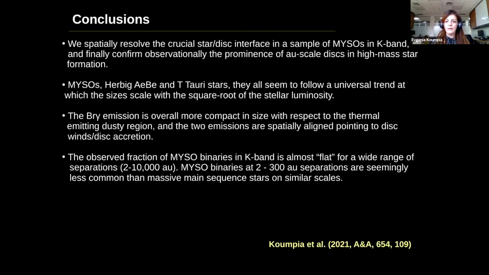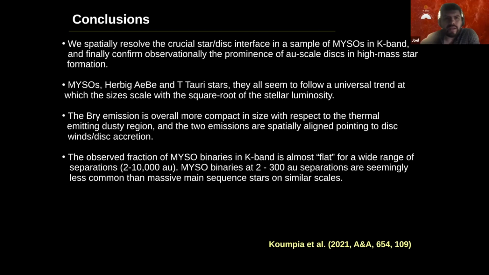That would be important if we confirm these results, though I also have to point out that a sample of 6 objects, although significant compared to what we knew until this study, is still small-number statistics. So we really have to look at the future and see what instruments we can use to increase this by at least an order of magnitude in order to draw safer conclusions on whether this trend is really there.